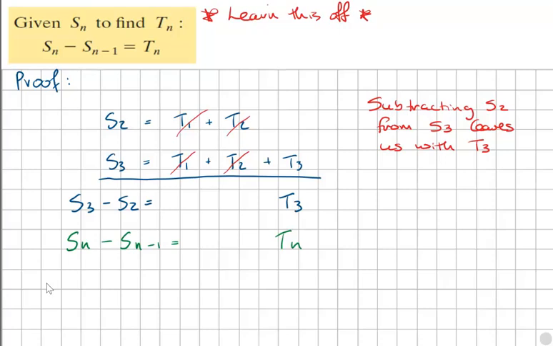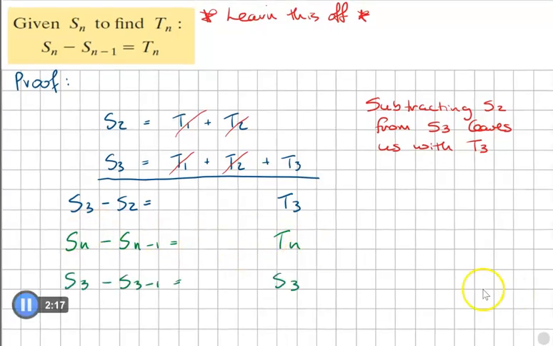So to turn this into a general rule, instead of S3, we can write Sn. And instead of S2, we can write Sn minus 1, because 3 minus 1 is 2. And then instead of term 3, we can write Tn. So this is a general rule that we can use with arithmetic series.